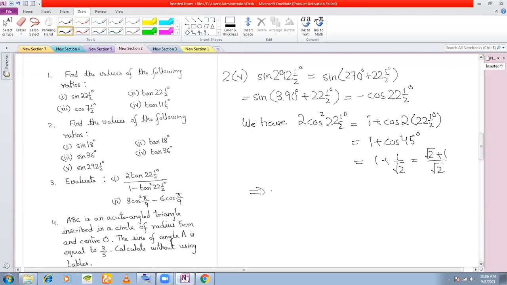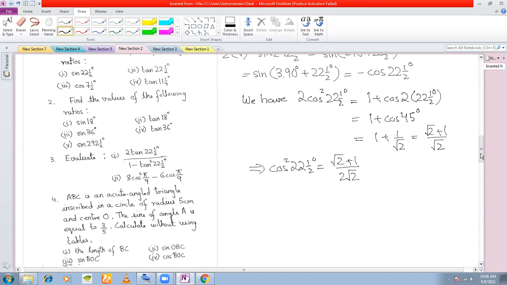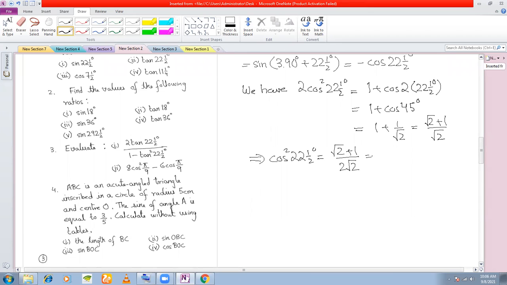So that means cos square 22.5 degree is equal to root 2 plus 1 by 2 root 2. Okay, so rationalize this denominator here, multiply the numerator and denominator by root 2, which is equal to 2 plus root 2 divided by 4.